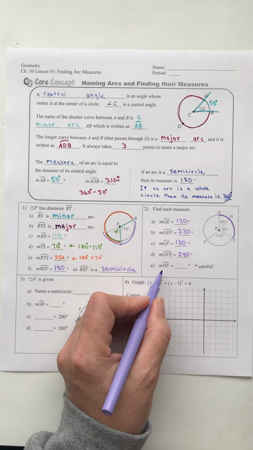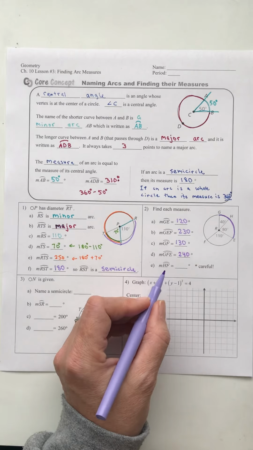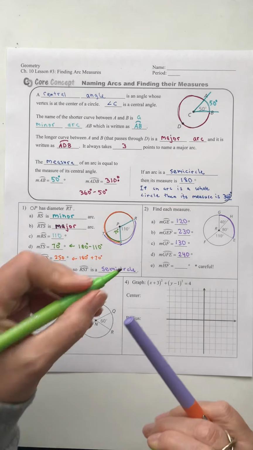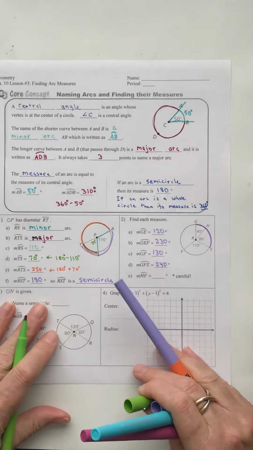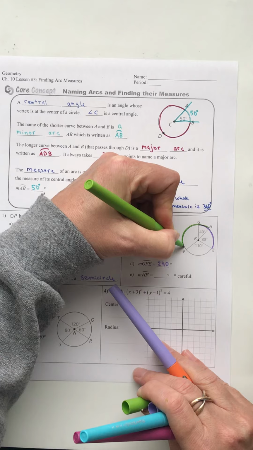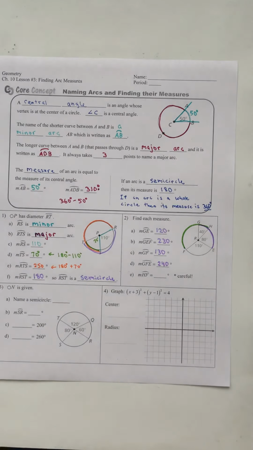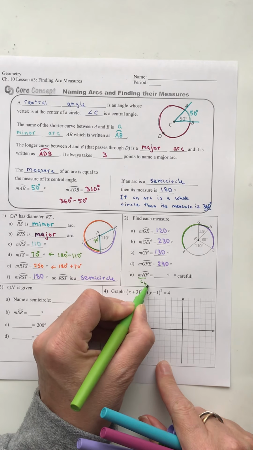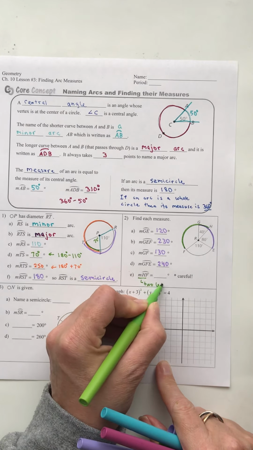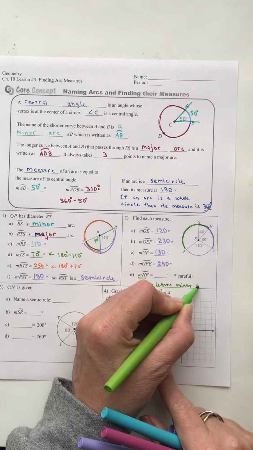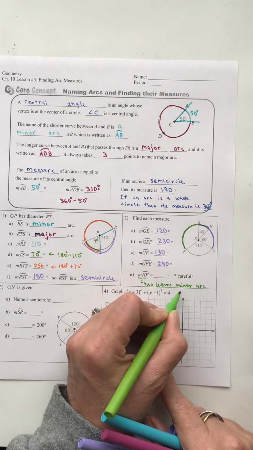And then here you've got to be careful. The measure of arc HF is going to be this one, because it has to be less than 180 degrees if it's only using two letters. Two letters, minor arc, meaning less than 180.